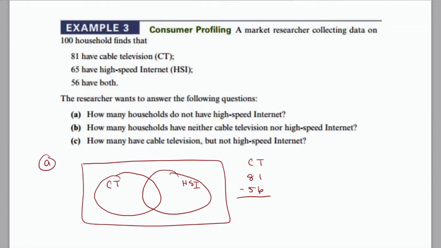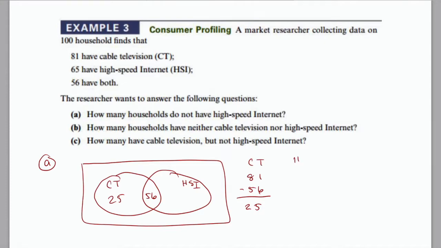Why minus 56? Because that's the middle one. They both have cable TV and high-speed internet, so we cannot count it twice. Once we subtract, we get 25. So that means 25 households only have cable television.